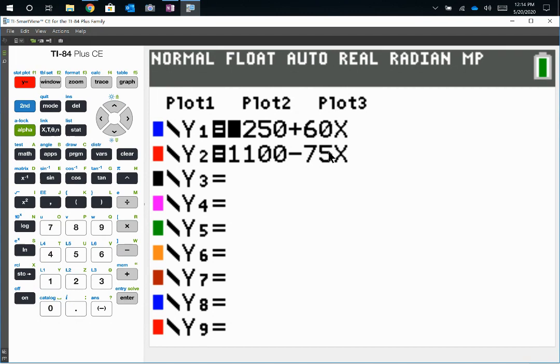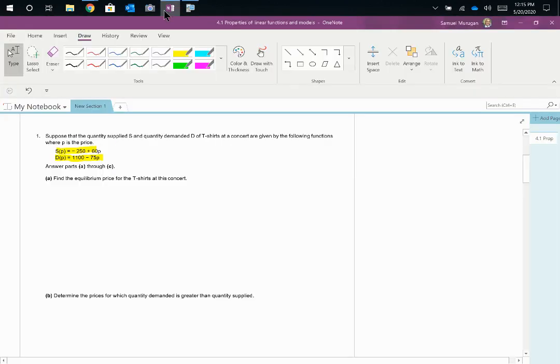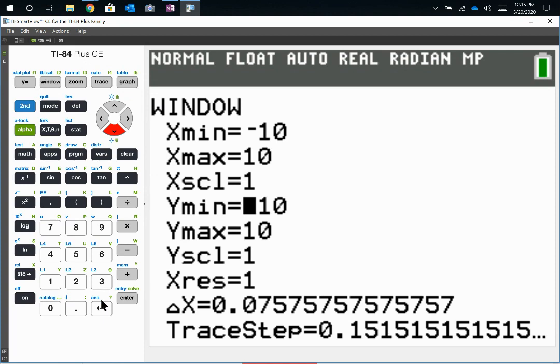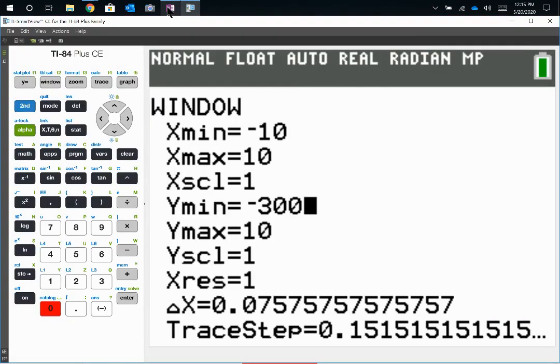So let's see how we can mess around with the window first. First, we go down to the y-intercept. We want to fix it for negative 250, so let's say about negative 300. And on the positive side it is 1100, so we're going to take the y maximum to be about 1200.